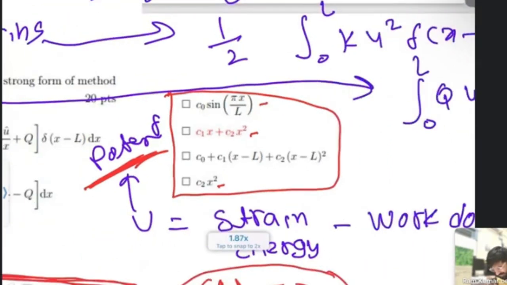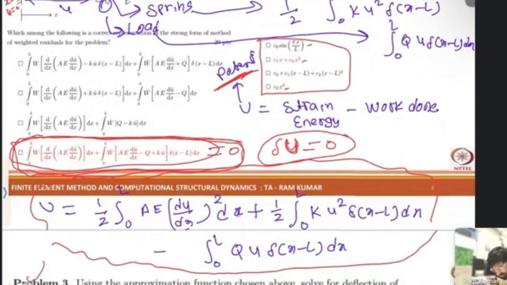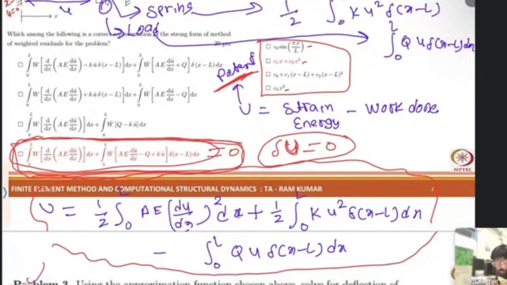Then you have to derive this one. What I wrote here, satisfaction is sufficient and complete.